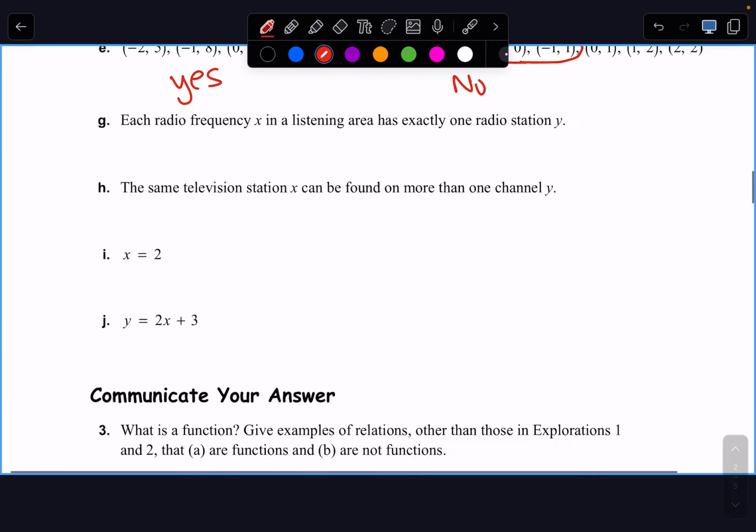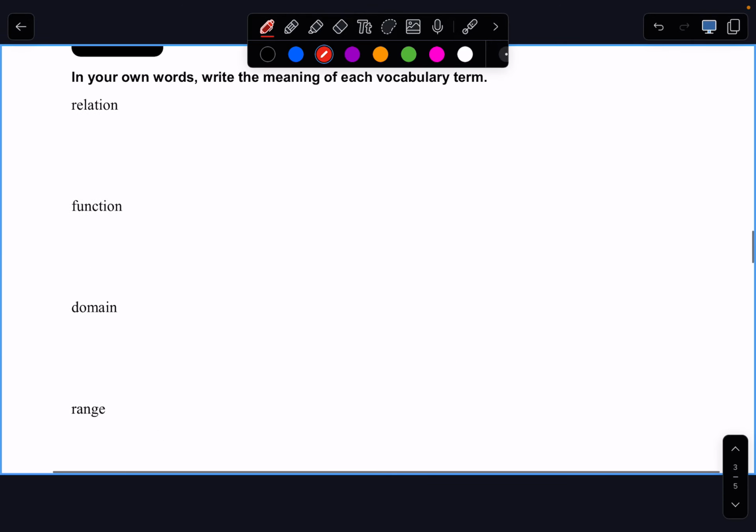Okay. So the first thing I want you to do on this page, okay? Let's just talk about what a relation is, okay? A relation is a relationship with inputs and outputs, okay?